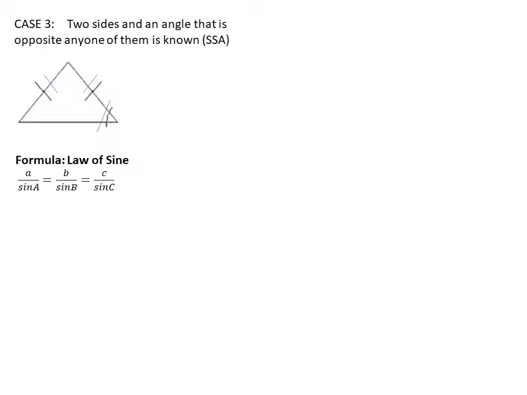Inclusively, we have the formula, law of sine. A over sine of angle A equals B over sine of angle B equals C over sine of angle C. And this is our law of sine formula.